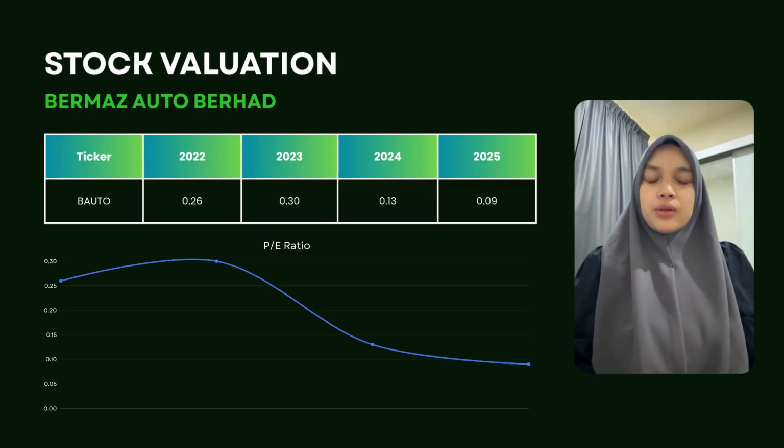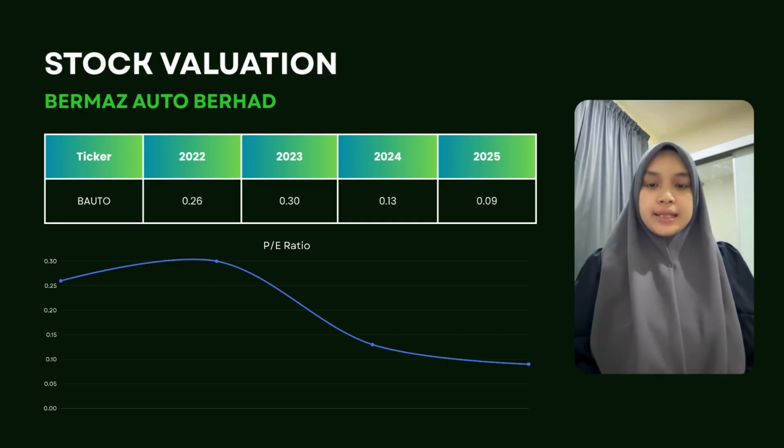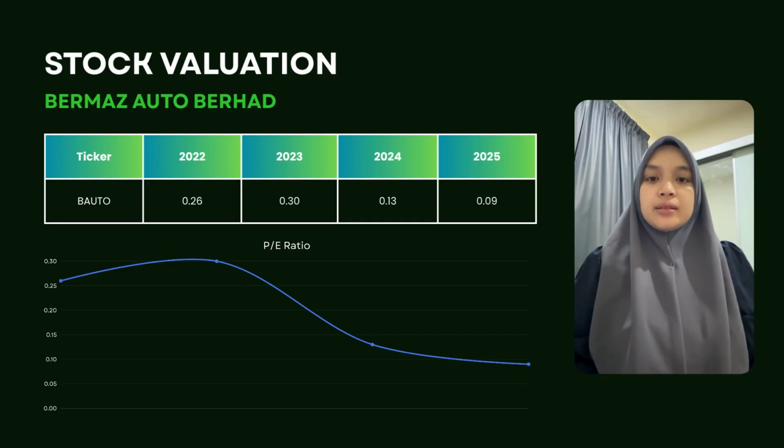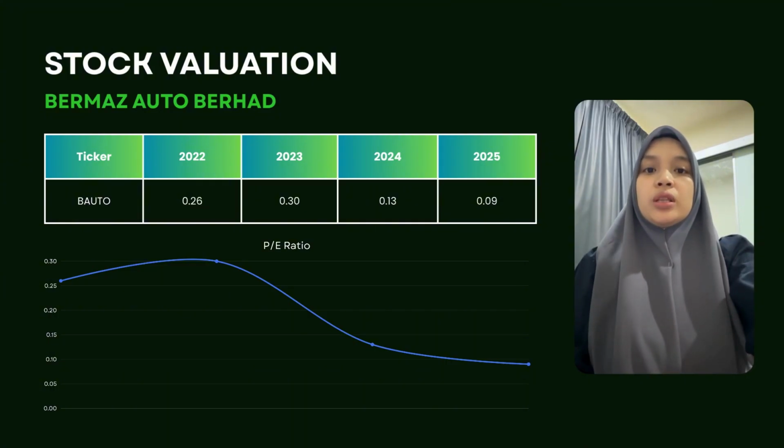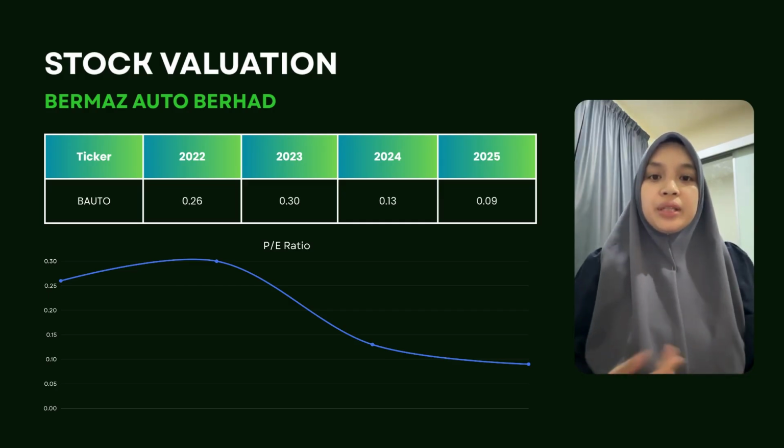Okay, Assalamualaikum. For my part, I selected Burma's October Height for my stock analysis. This slide shows the stock valuation of Burma's October Height based on its earning per share or EPS from 2022 to 2025. The EPS declined from 0.3 in 2023 to 0.9 in 2025, indicating that the company's earnings weakened during this period.